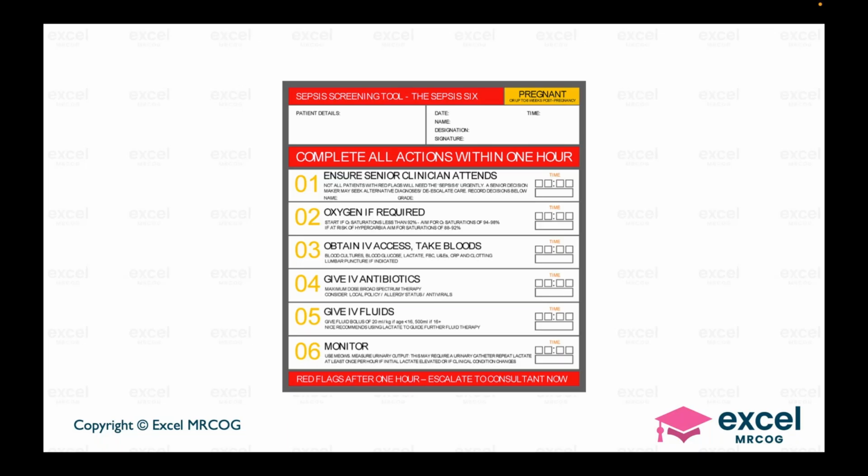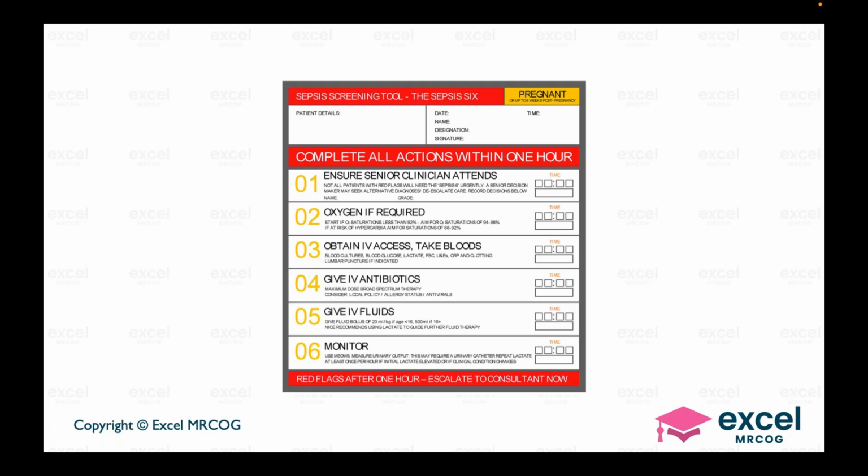But for all practical purposes, if you have doubt, please start sepsis 6 care bundle. So in the exam, when there are red flags, you will say that sepsis 6 care bundle will start, and you say that senior clinician will first review the patient. Okay. Then oxygen. Oxygen has to be started and aim for a saturation of 94 to 98.